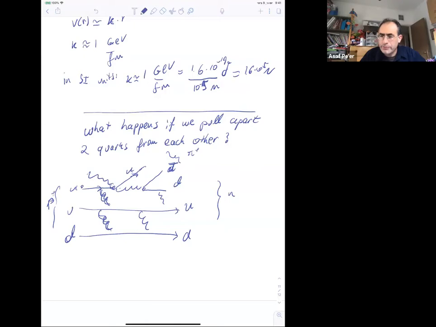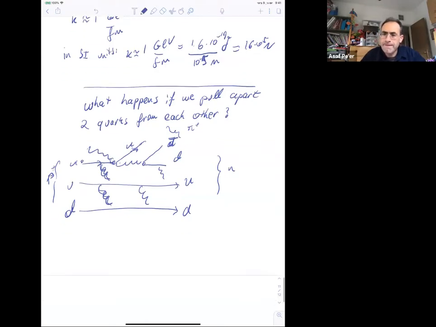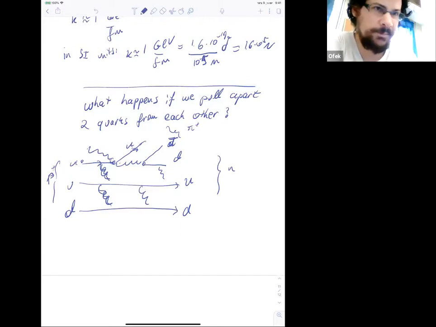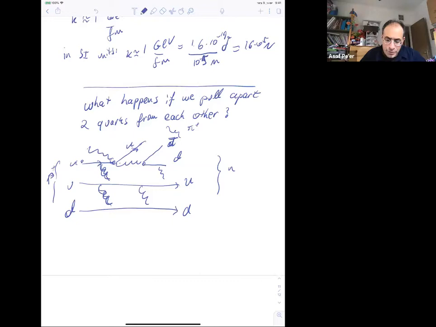Of course, what would happen if we get to higher and higher energies? What will happen? Question for you guys. Produce more particles? Of course, you would produce more particles.